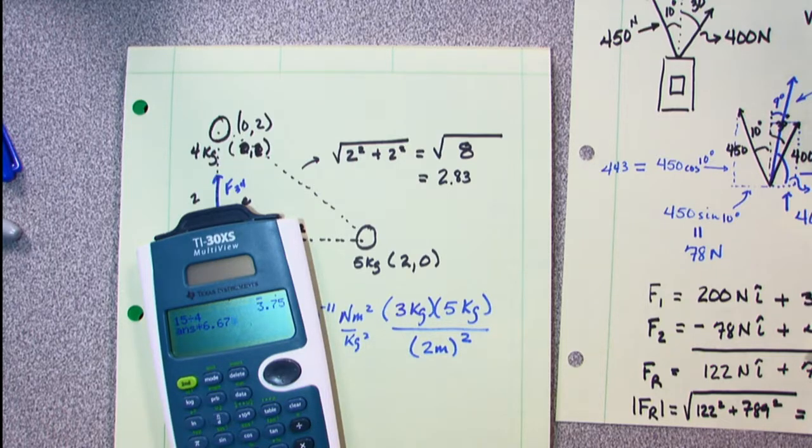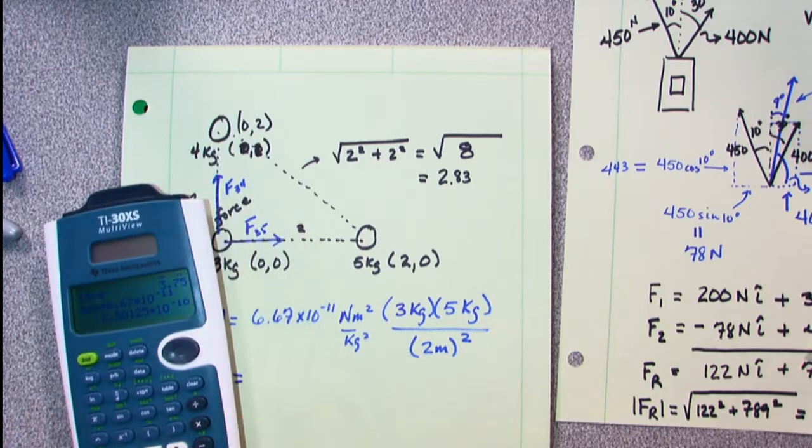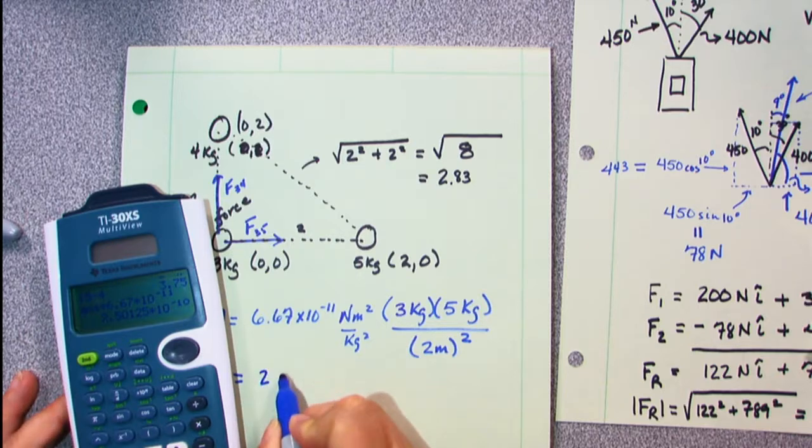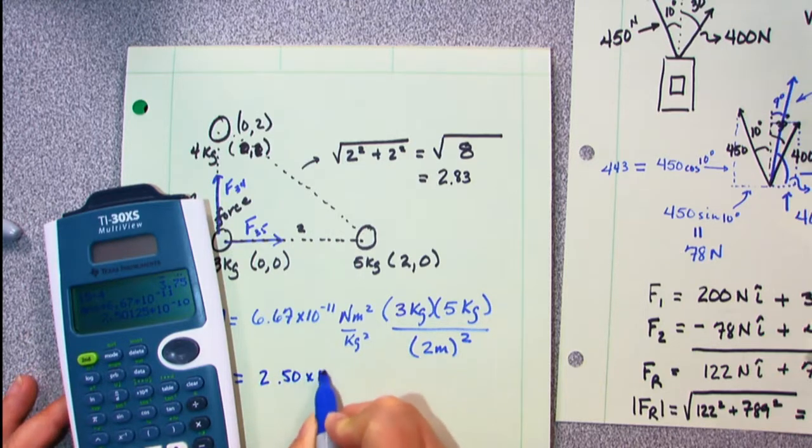Depending on your calculator, that's where this one becomes funky. And that's also why I do it this way, and that's to the minus 11. And I hit enter. Gives me a force of 2.50 times 10 to the minus 10.